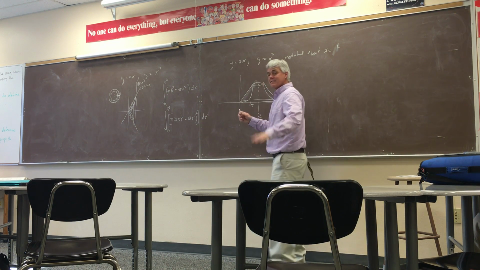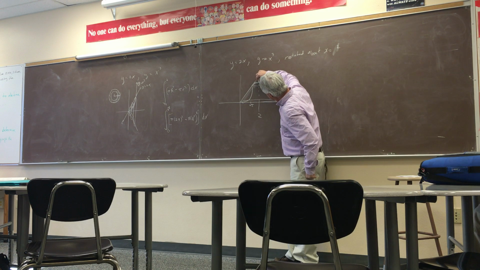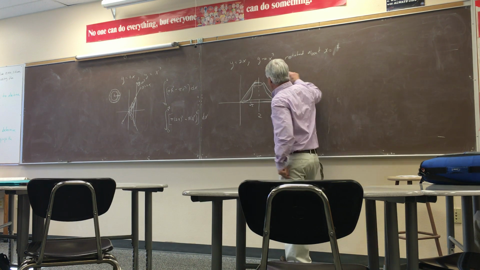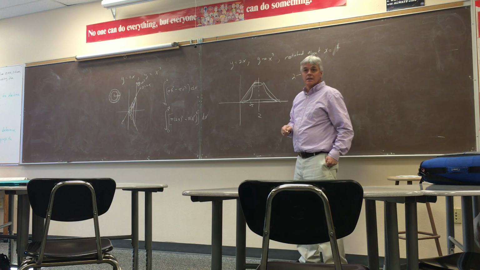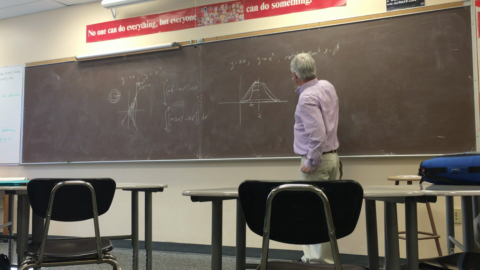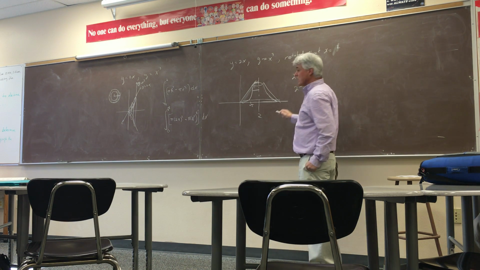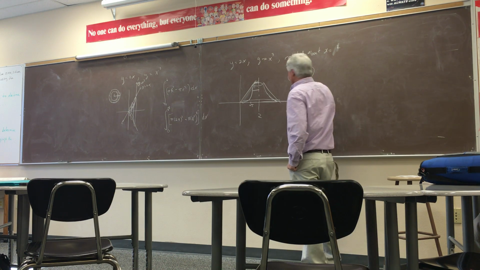What is the distance from here to here? 2 minus root 2. From here to here is 2 minus x cubed. What's my big R and what's my little r?